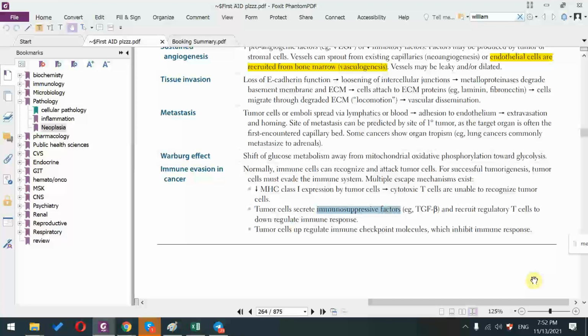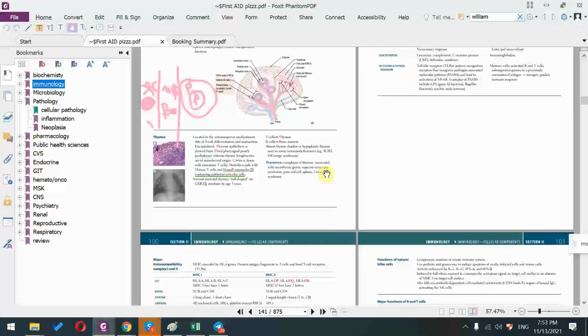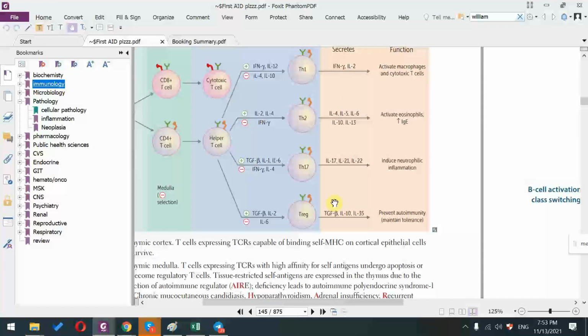They make TGF beta, which recruits the regulatory T cells to downregulate the immune system. You're like, what are these regulatory T cells? Pretty soon we will be speaking about the immune system. And in the immune system, I will be telling you about the Treg. The Treg does secrete TGF beta. See, TGF beta from the tumor cells leads to activation of the Treg.